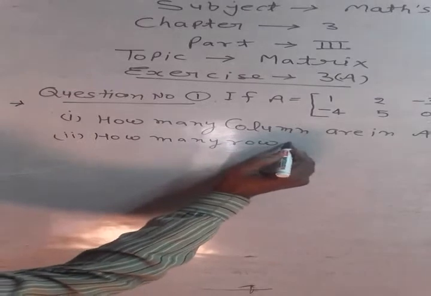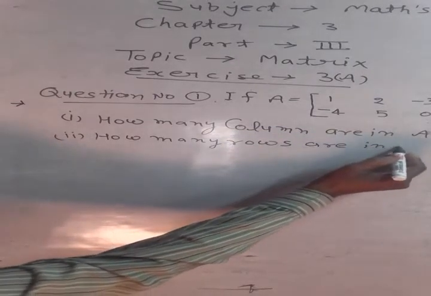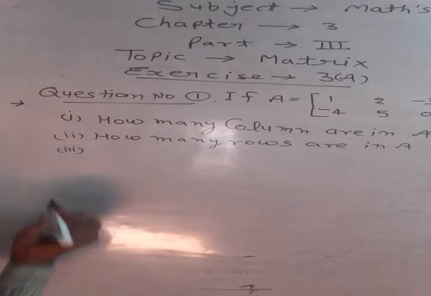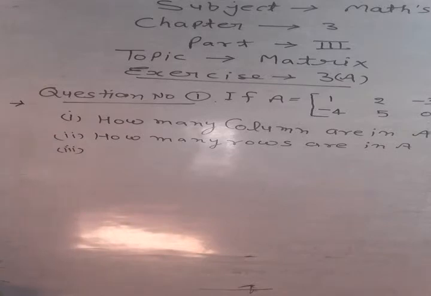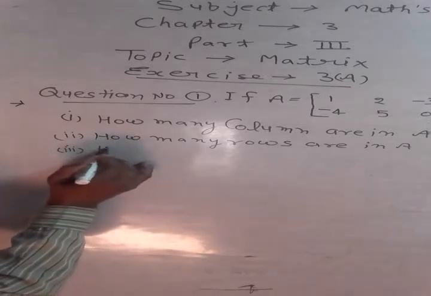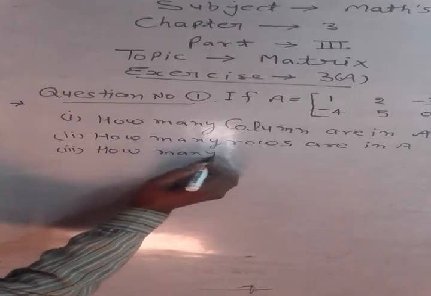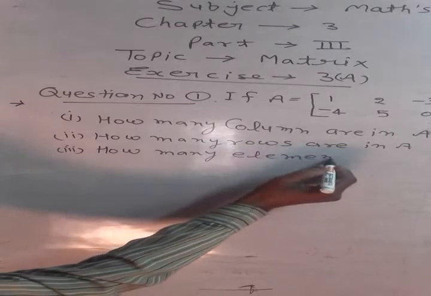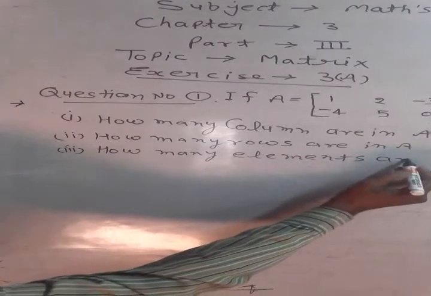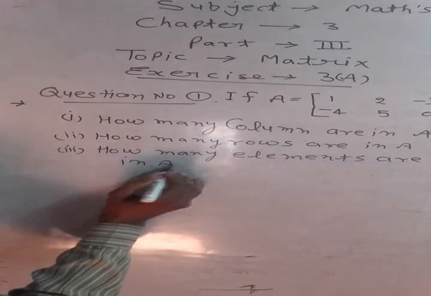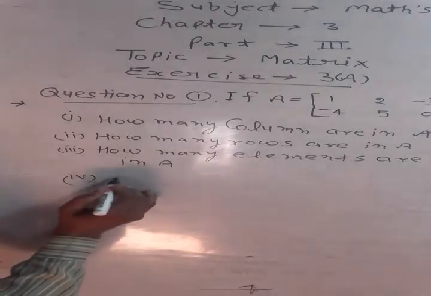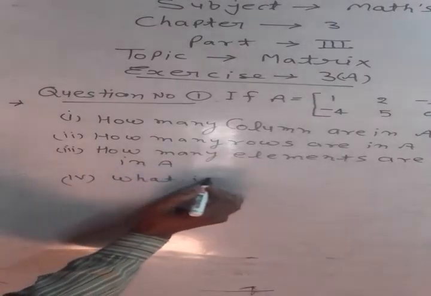Third number, how many elements are in A? Fourth number, what is the order of A?